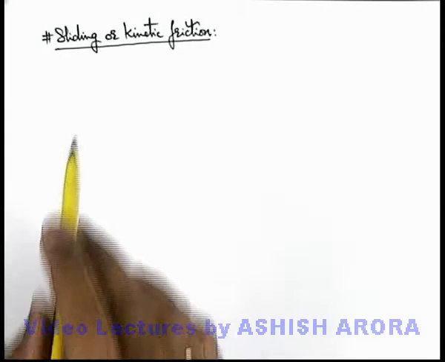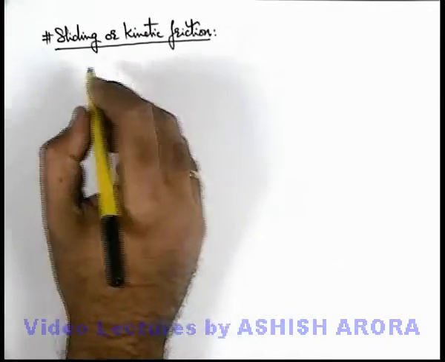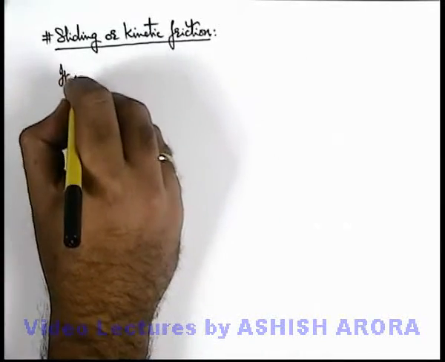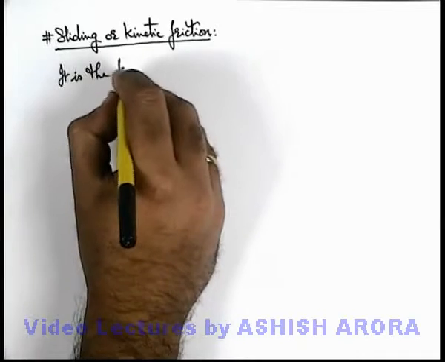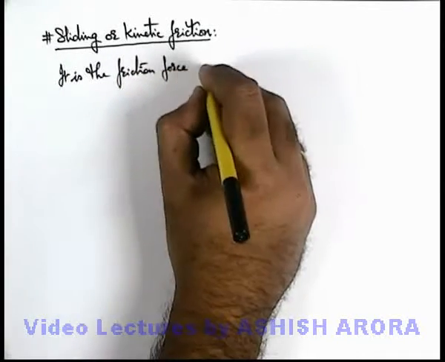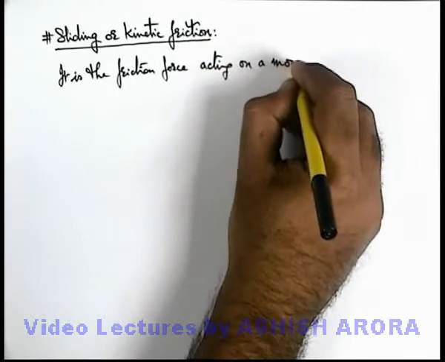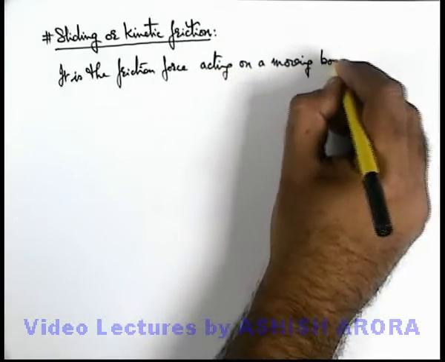Now we'll take up sliding or kinetic friction in detail. About kinetic friction, as the name implies, we can write it is the friction force acting on a moving body, obviously on a rough surface.